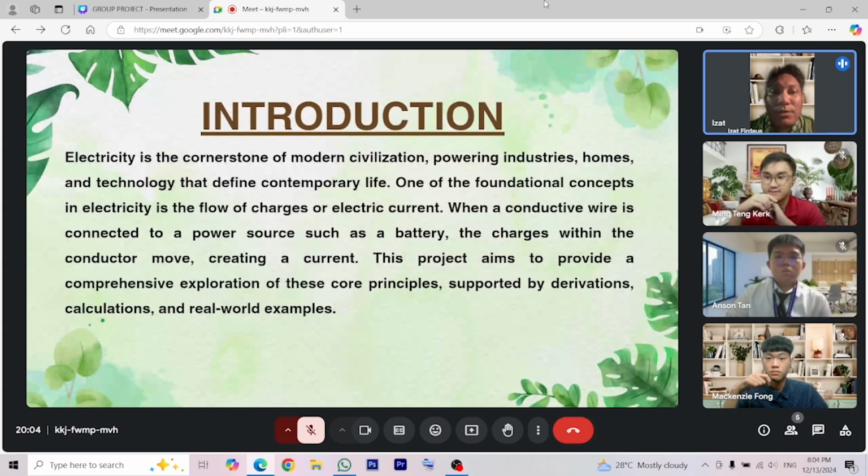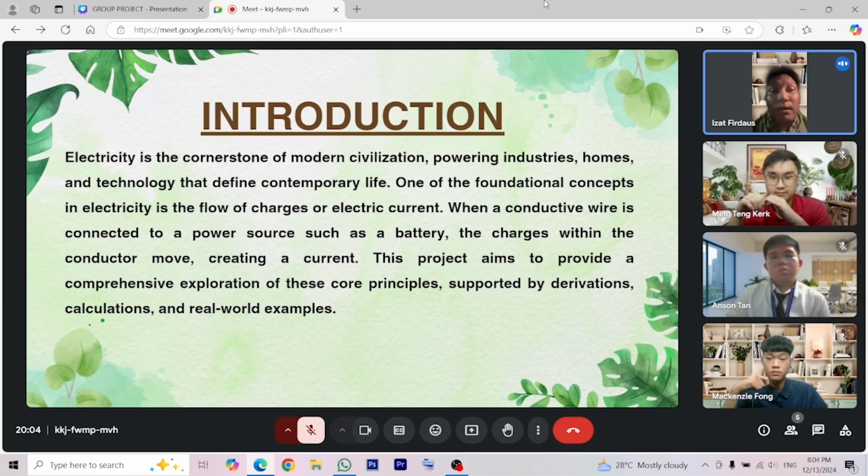When a conductor is connected to a power source such as a battery, the charge within the conductor moves and creates the current. This project aims to provide a comprehensive exploration of these core principles, supported by derivation and real world examples.